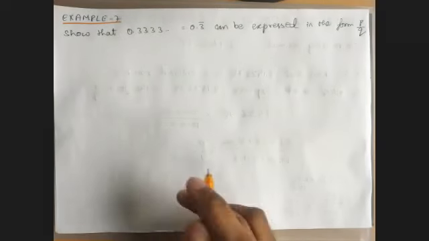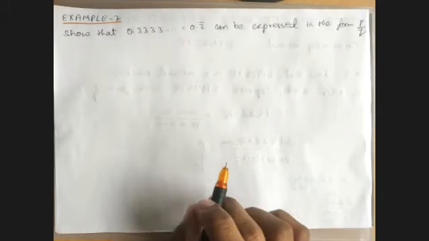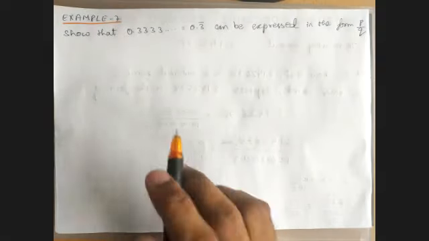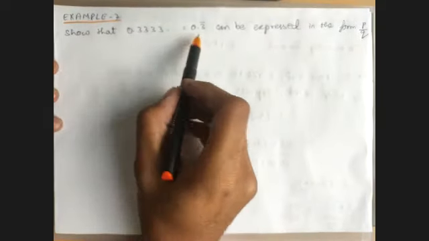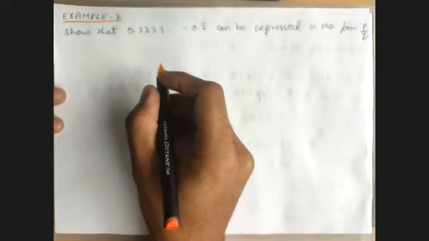So now converting a terminating decimal to a rational number was easy. Now how do we convert this non-terminating rational number into P by Q form? This is a challenging problem. So how do we do that?